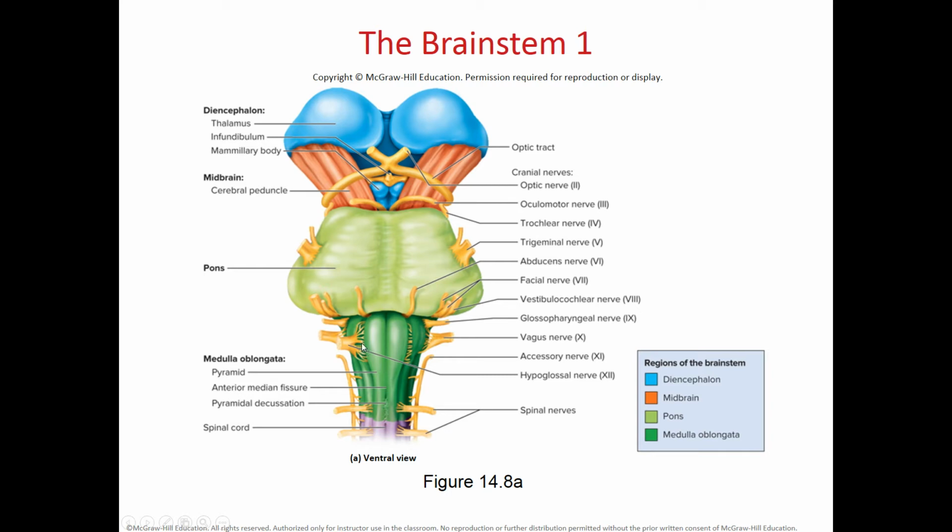Here we have the emerging of cranial nerve number 12, or hypoglossal. Within this part, we have spinal nerves, and we have cranial nerve number 11 emerging from here. Also in here we have the emerging of cranial nerve number 9, which is this one in here. And this part in here is called the anterior median fissure.